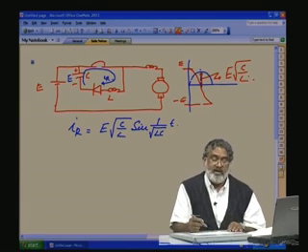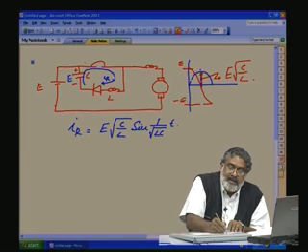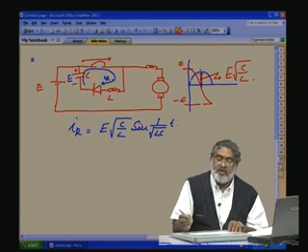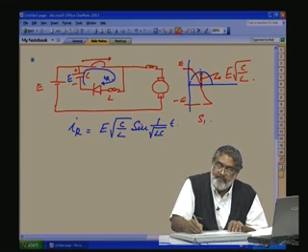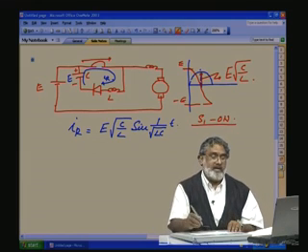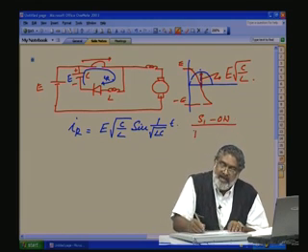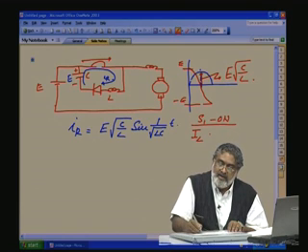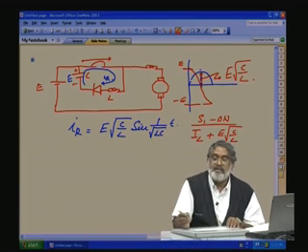This value will go through the S1. So, during S1 on, the current flowing through the S1 is IL plus the peak current, E into root C by L. This is the peak current.